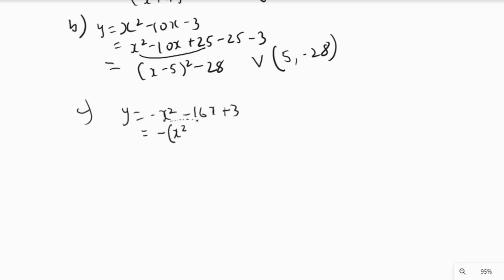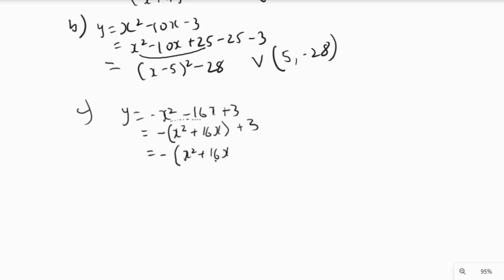Only the terms with the x, not with the number. So negative bracket x squared, negative times what gives me negative? Positive 16x, plus 3. Now I'm just making this one ready for completing the square. So the minus will be here outside. I just copy x squared plus 16x.